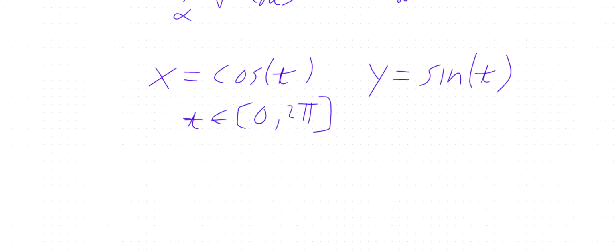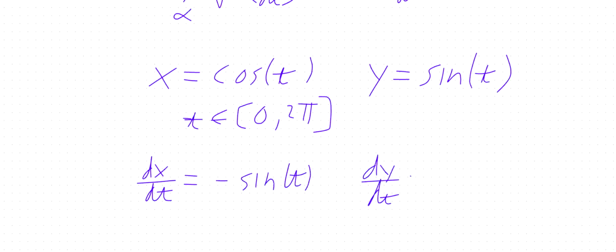We want to find the arc length around this. So our x prime, or dx/dt, we'll write that out explicitly, will be negative sine. Our dy/dt is going to be cosine.